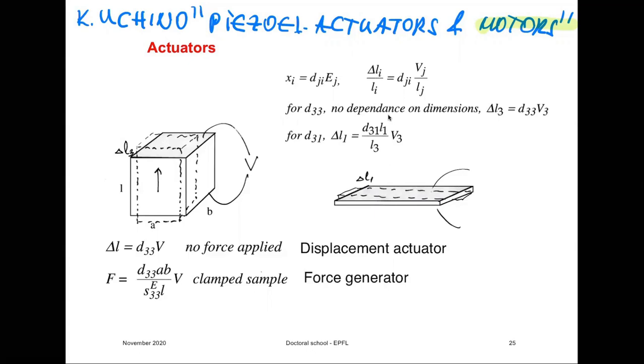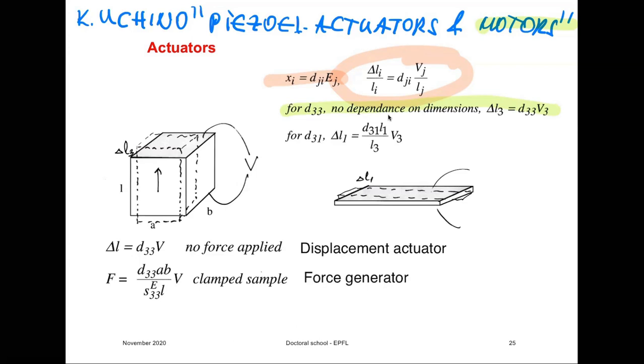So for piezoelectric actuators, we use the converse piezoelectric effect, usually driving them with voltage and getting displacement or force out. As I will mention immediately, if you take this relationship here and look at the D33 longitudinal coefficient, you find that just as for the direct effect, there is no dependence of displacement on dimensions, whether you take a very long or very short actuator, for a given voltage, not electric field.